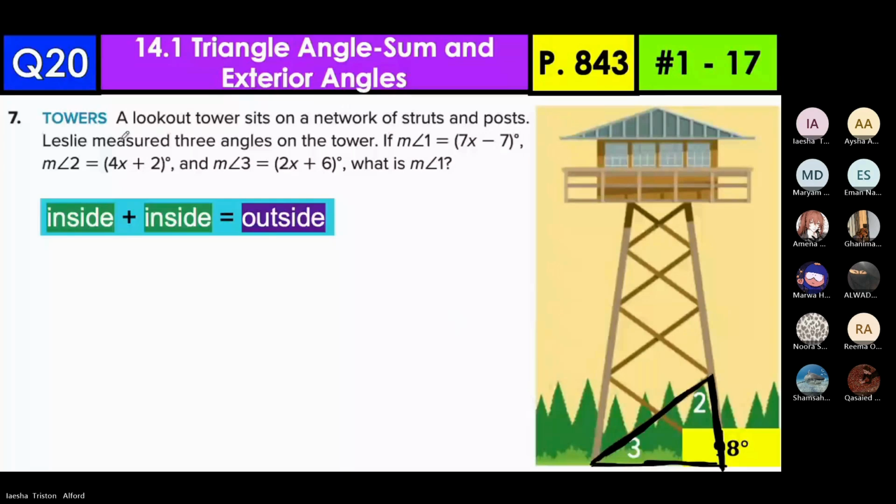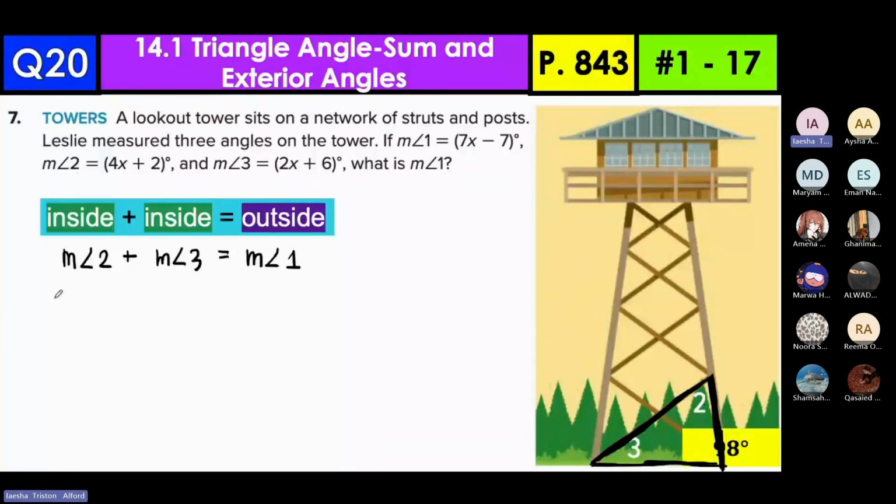So the two numbers inside are angle 2 and angle 3. So we can say the measure of angle 2 plus the measure of angle 3 is equal to the measure of angle 1. You have to take the correct measures from the writing.